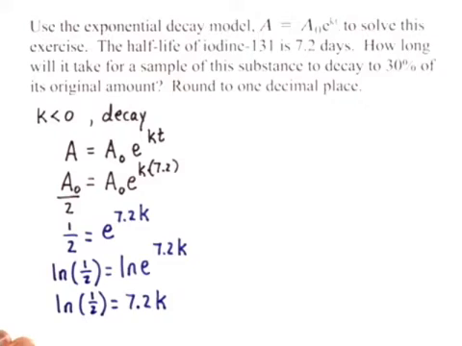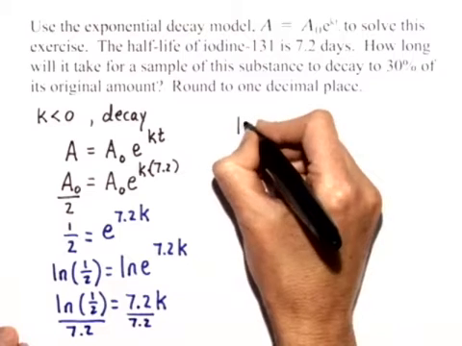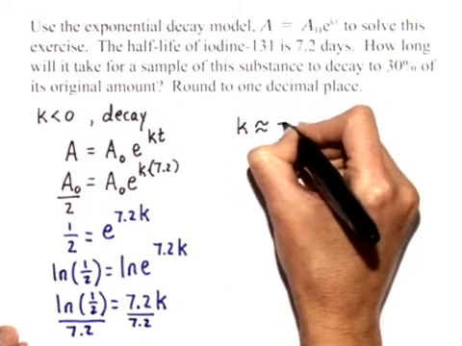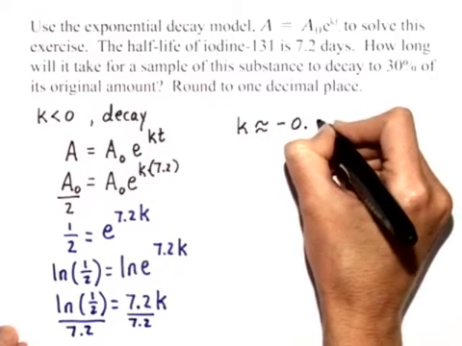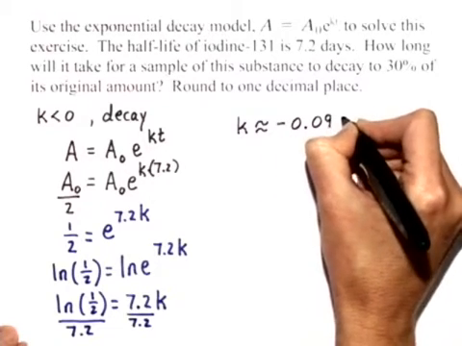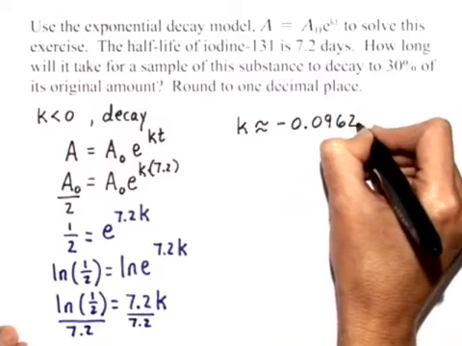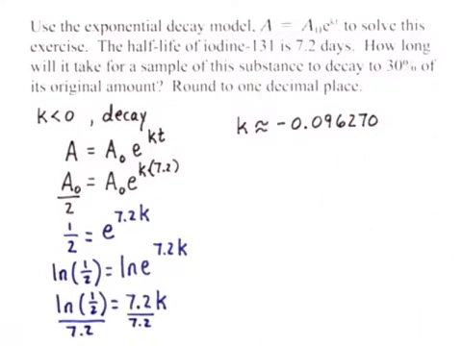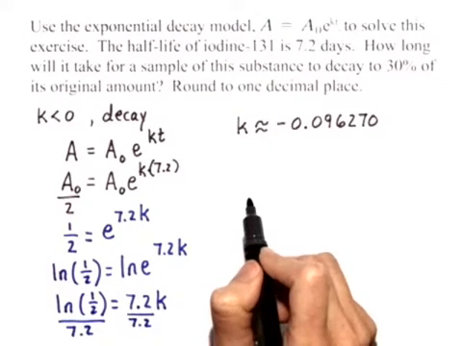So in order to solve for k, we'll divide both sides of this equation by 7.2. And when we do that, we'll see that k, by using the calculator, is approximately negative 0.096270. That's just the first 6 digits after the decimal. And we already knew k was going to be a negative number.